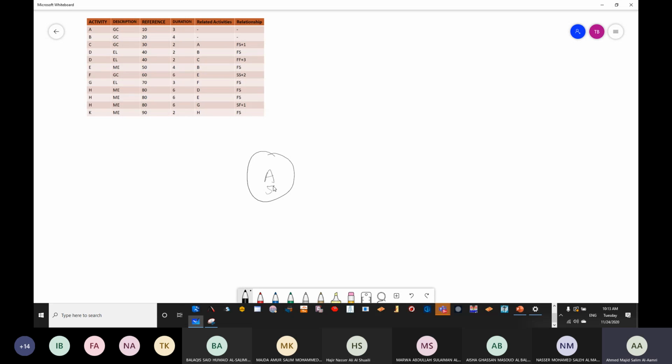Okay, task number A has a duration of 5. It's starting on Sunday and it's finishing on Thursday, right? Do you agree that it should start on Sunday? For example, if we are starting our project on Sunday, it will be finished on Thursday. Do you agree?